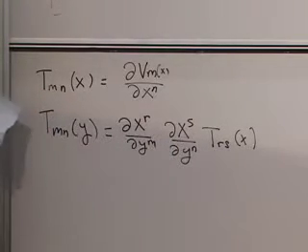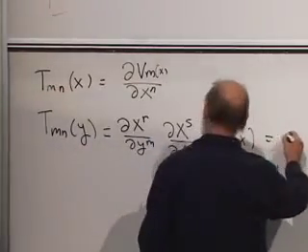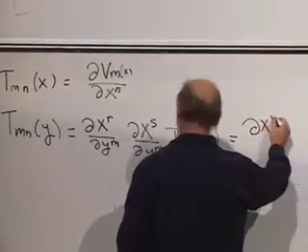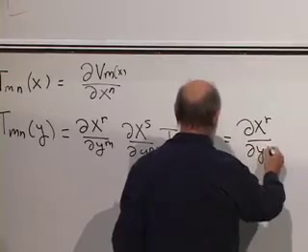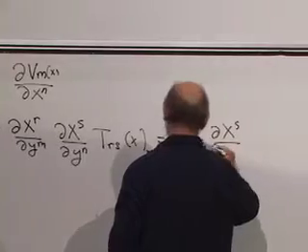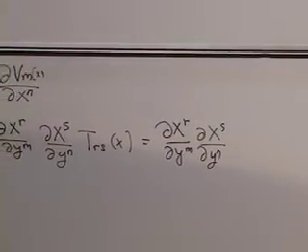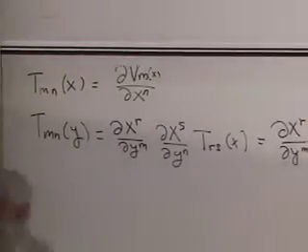But now we can substitute what it is in the x-coordinates here, and that would just give us the derivative of x^r with respect to y^m, derivative of x^s with respect to y^n, and now I'm just going to plug in the assumed value of T_rs of x.